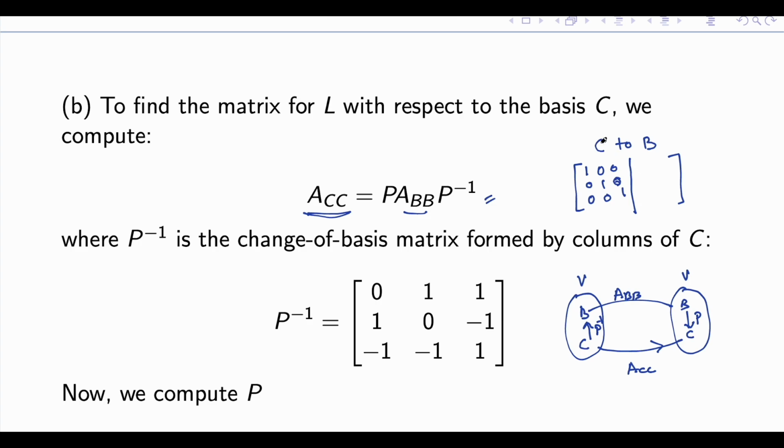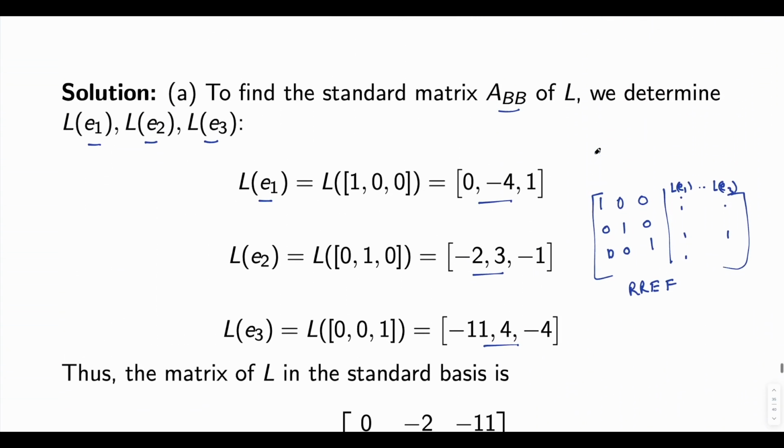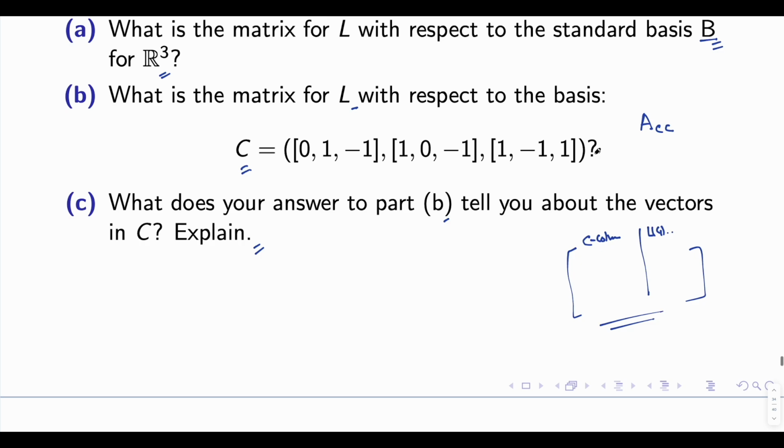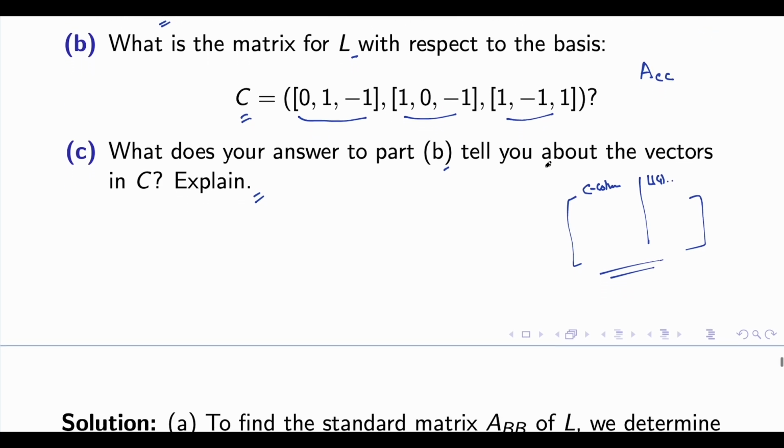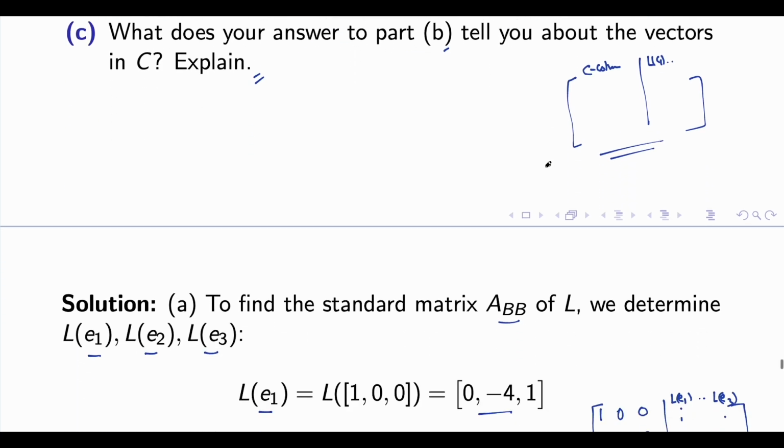Augment C with respect to the image of the given basis, right? So you have already been given this vector; you have to plug it into your linear transformation. So 1 0 1 minus 1.